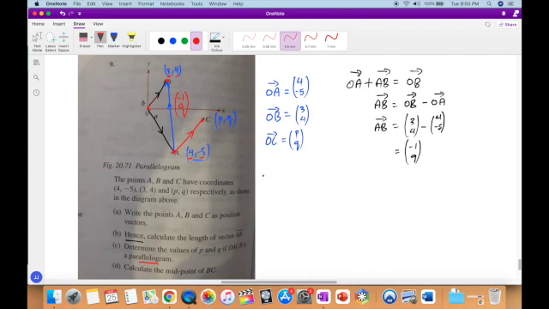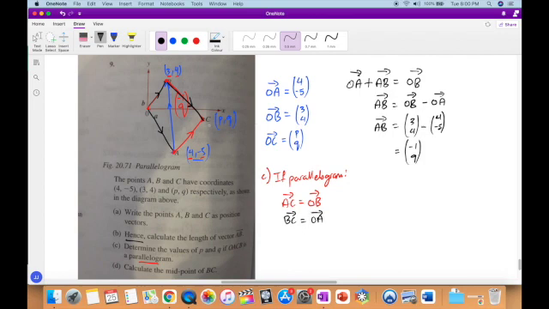So this is part C: if parallelogram, that means that AC is equal to OB, and that would also mean that this vector here, BC, would be equal to OA on this side.